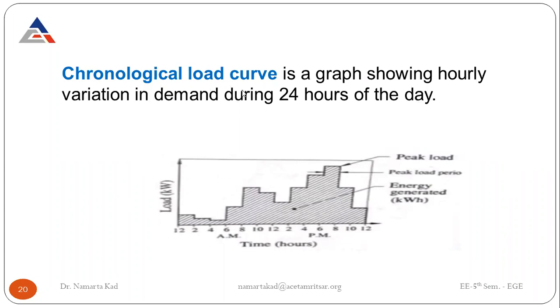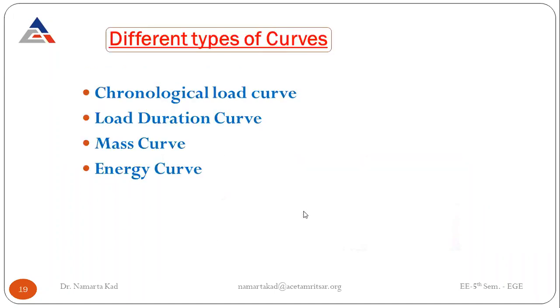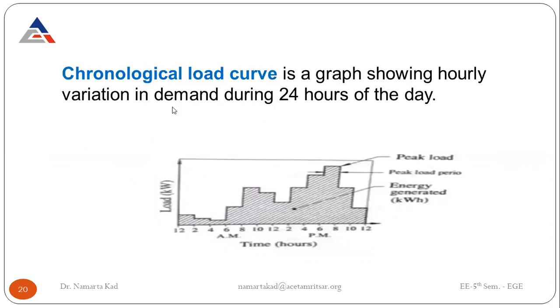In our previous slides, we just called them load curves, but actually these are named chronological load curves. On the y-axis there is the load, maybe in kilowatt, megawatt, and so on. And on the x-axis it is the hourly variation in hours, in time format: 12 midnight, then 12 noon, and then again 12 midnight.